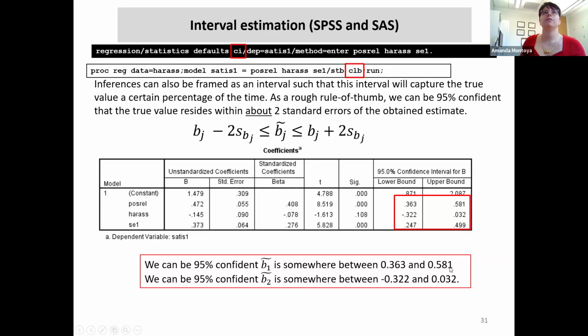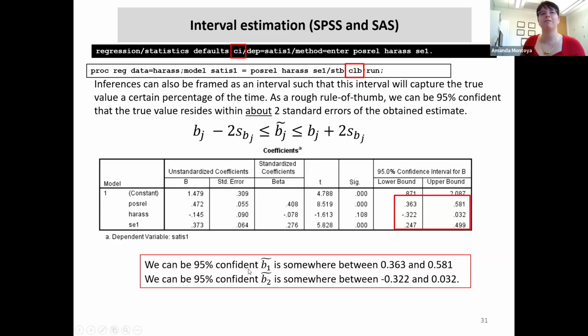There's a lot of finickiness about interpreting confidence intervals. Essentially, the safest thing to do is always use the word confident. Don't use the word probability or likelihood or anything else, because the difficulty is that the randomness is in the interval, not in the parameter.